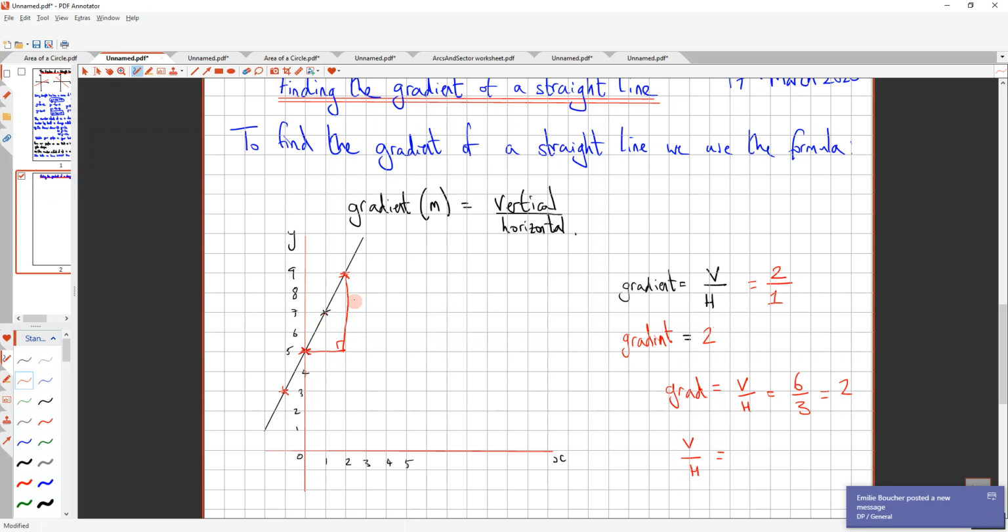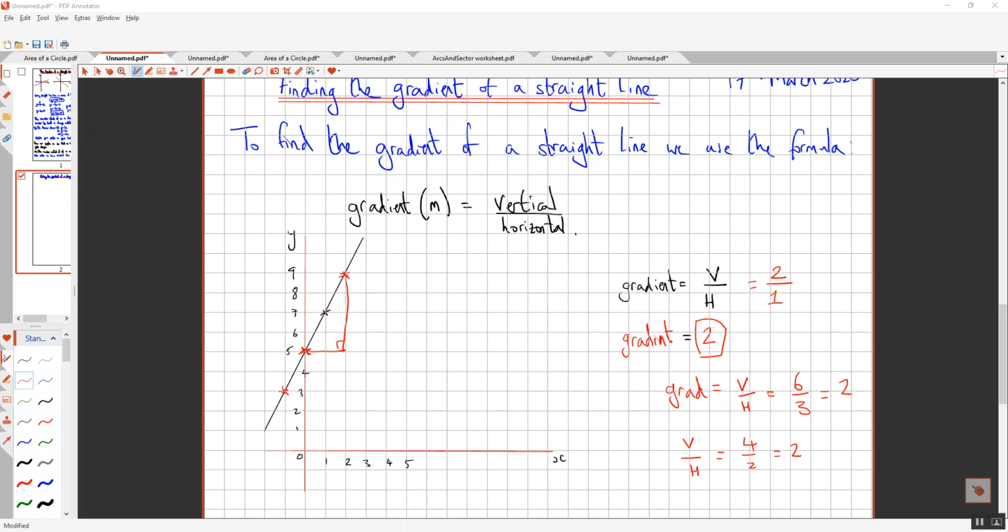Vertical is 1, 2, 3, 4. What is our horizontal? 1, 2. So again, we're getting the same answer. So as long as you're picking points that are exactly on the line, you will still get the same answer. So the gradient of this line is just 2, okay? Easy?